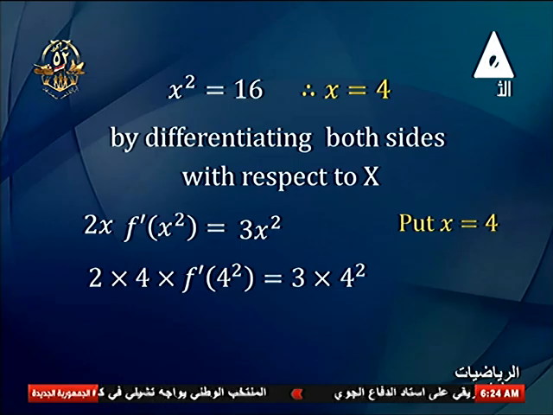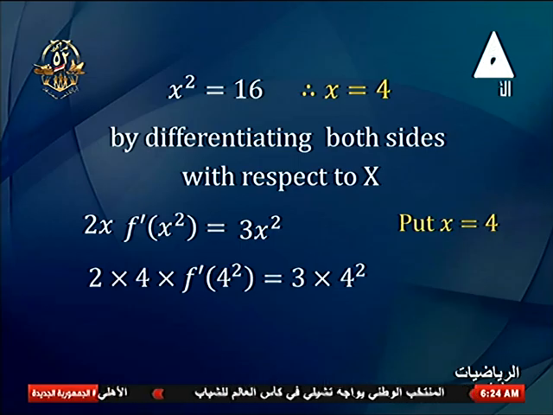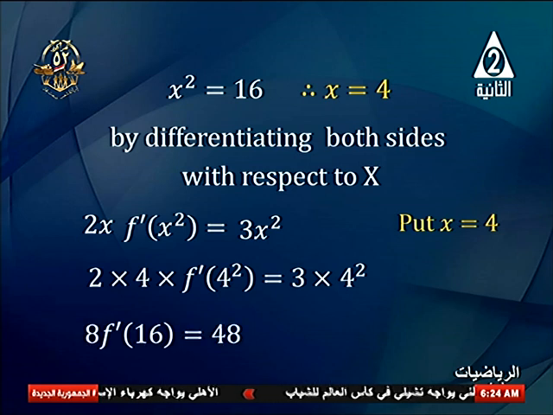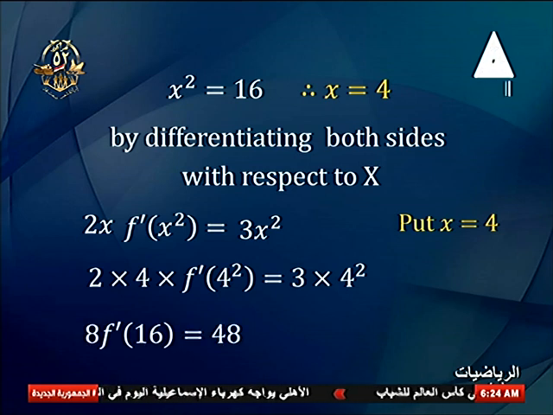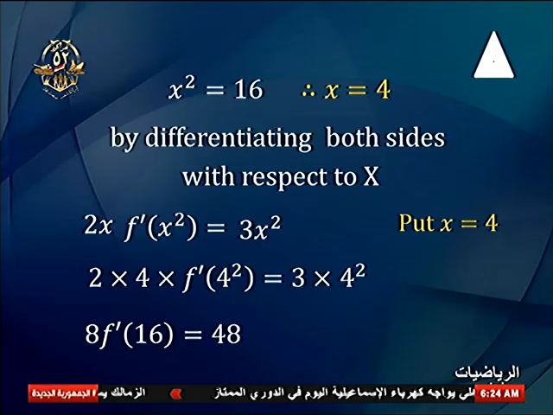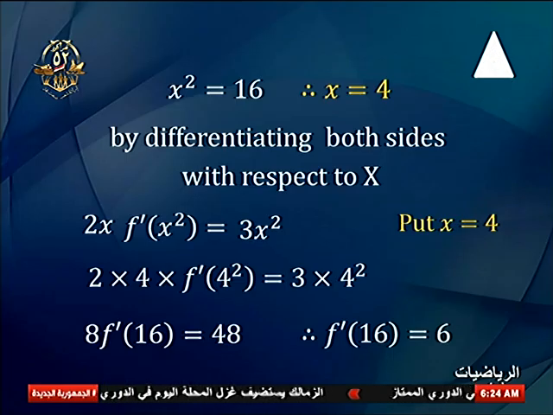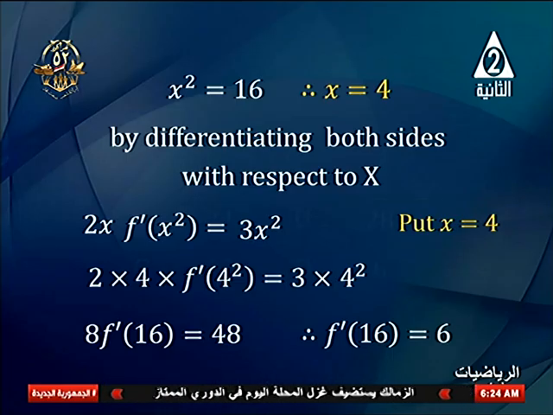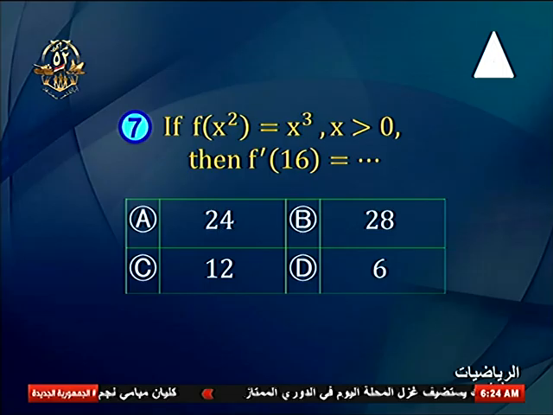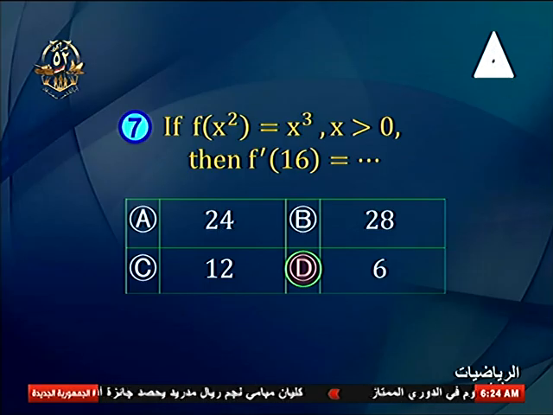Then 8 f dash 16 equals 48, which is 3 times 16. In this case, f dash of 16 equals 48 divided by 8 equals 6. Then the correct answer is letter D.